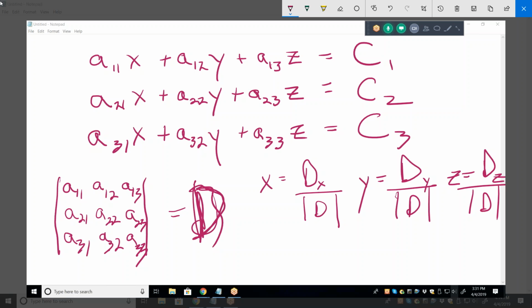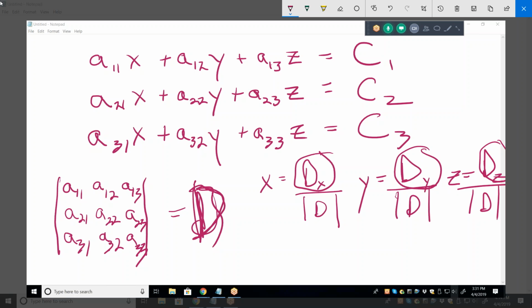First of all, this is a little difficult to memorize. I spent gobs of time trying to come up with the correct way so you can memorize what this is, and what this is, and what this is. In other words, we know that it's all of the values except for the x values. So d sub x has everything except a11, a21, and a31.